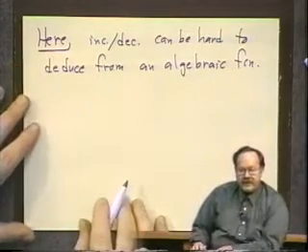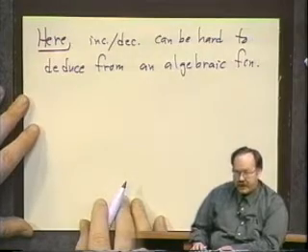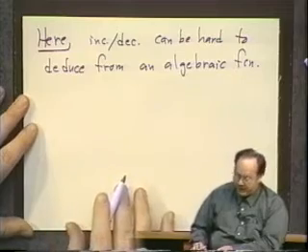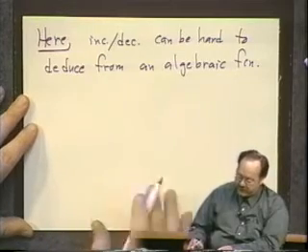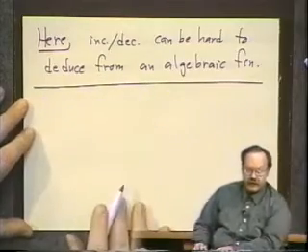Because the definition of increasing and decreasing said that for any pair x1 and x2, you had to have the property of f of x1 and f of x2 having the relationship that they need for increasing or decreasing. So it may be difficult, depending on what the function is, to do that.